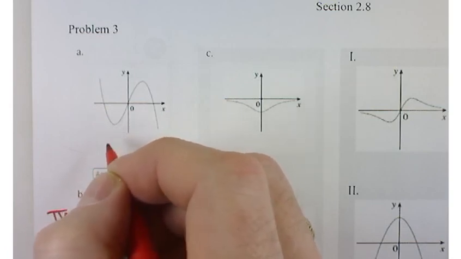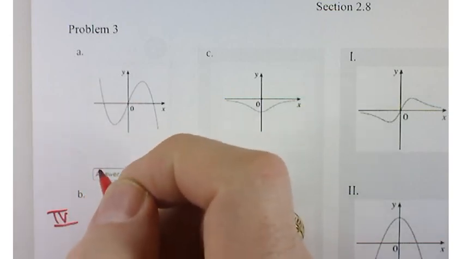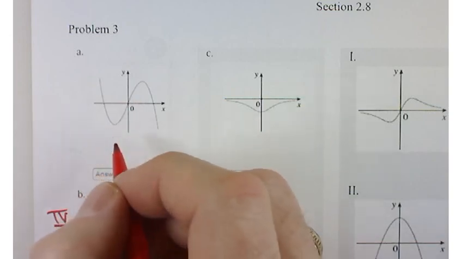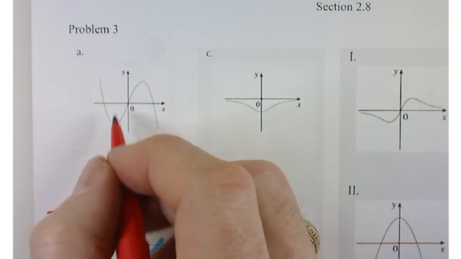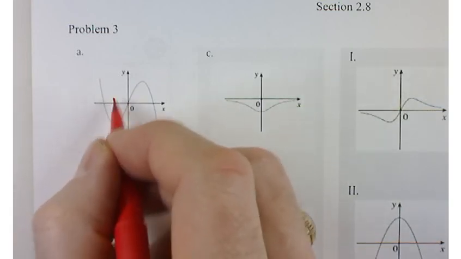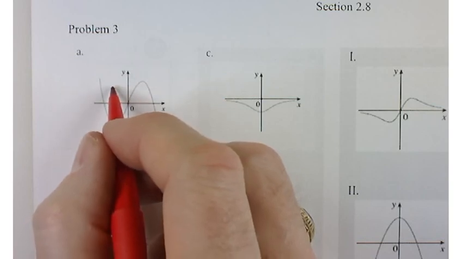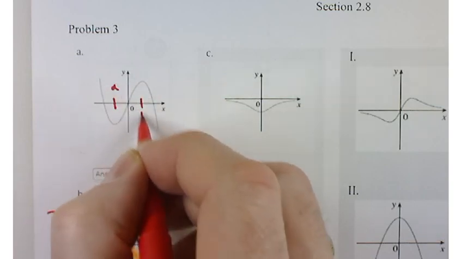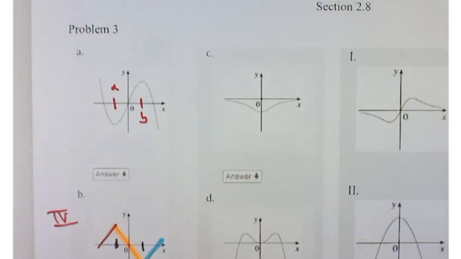The slope of the tangent line is 0. Can you see a couple points like that? Where would they be? Probably right here, right? Slope of the tangent line is 0. So call that maybe point A. This is point B. So at those 2 points, the slope of the tangent line has to be 0.